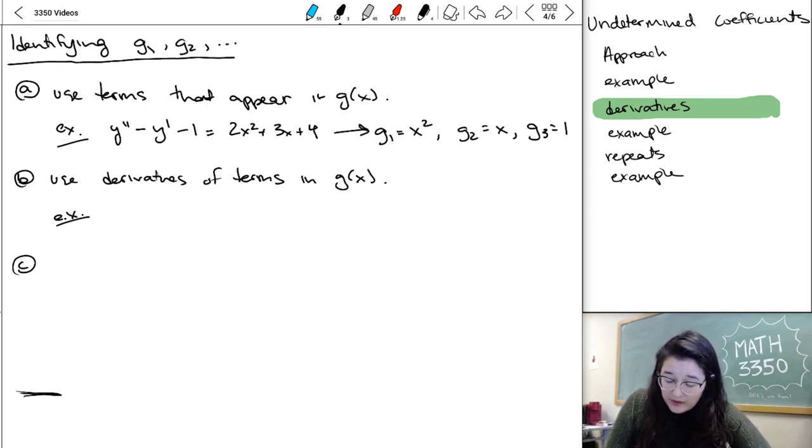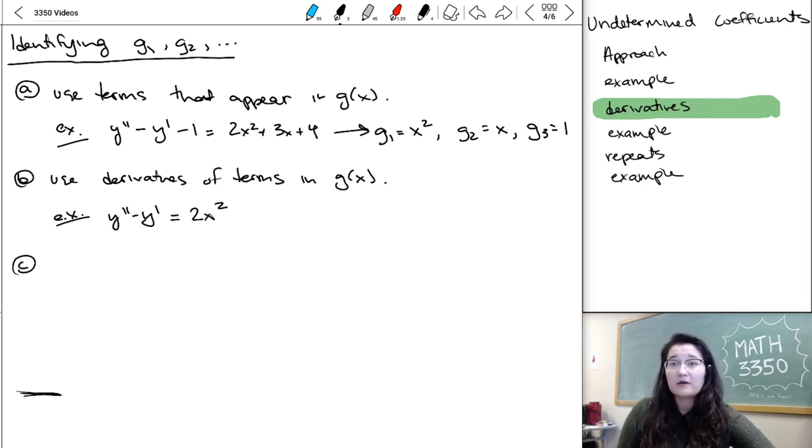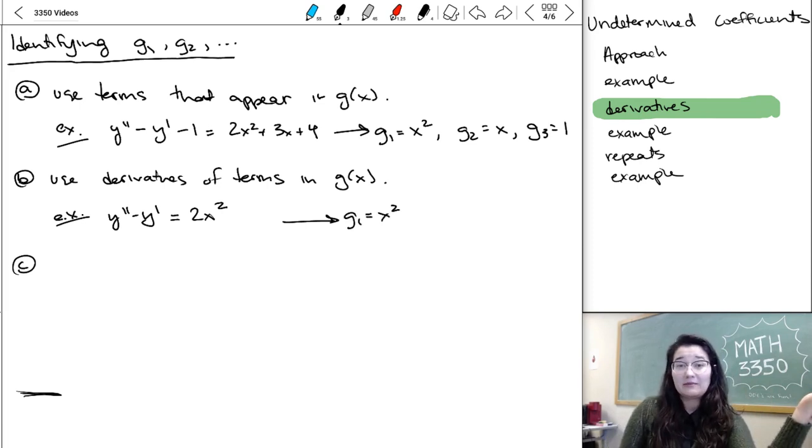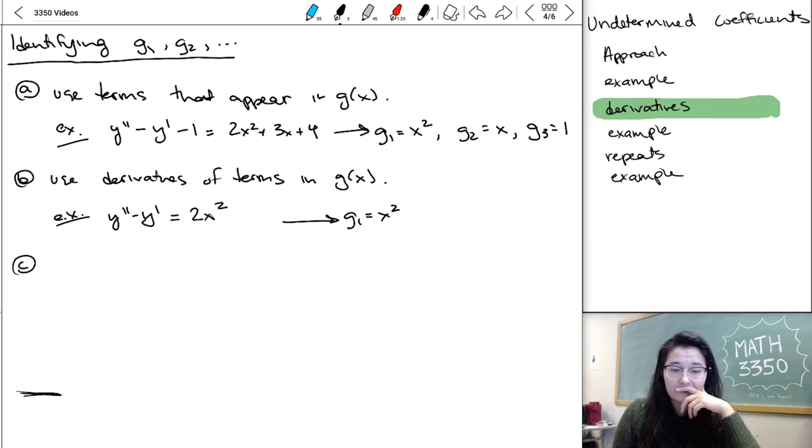So an example where we would have to worry about it would be, I'm actually going to take away that -1 now. But suppose we were just doing y double prime minus y prime equal to 2x squared. Following part A, we would say, okay, I guess g1 is x squared because I see an x squared type term over there, which is true.